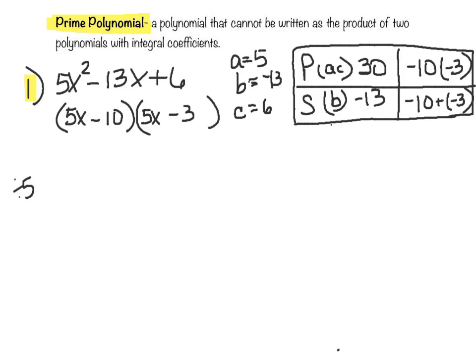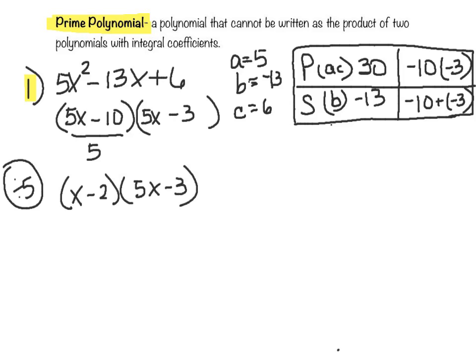And now I'm not done because I made a mistake. I need to correct it. So I need to factor out a 5 from one of these 2 binomials. So I can factor out a 5 from there, and I will. So this is x minus 2 times 5x minus 3. So I believe that's my answer.